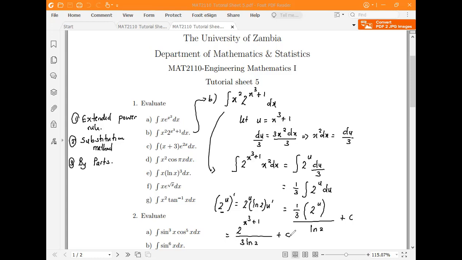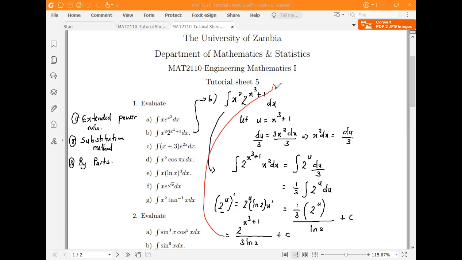For integration, it's very easy. When you doubt, you can do the differentiation check. So if you doubt, you can get this answer and differentiate it.